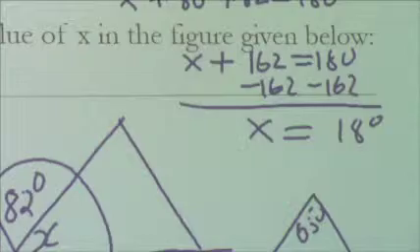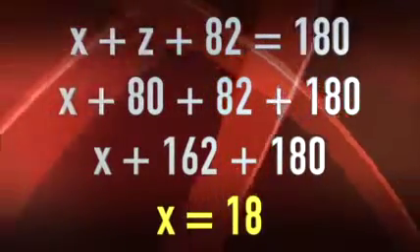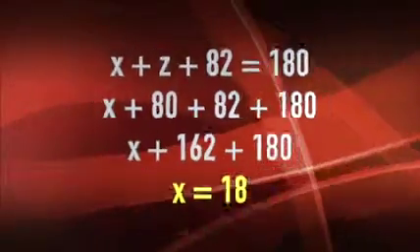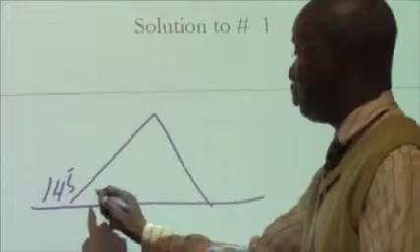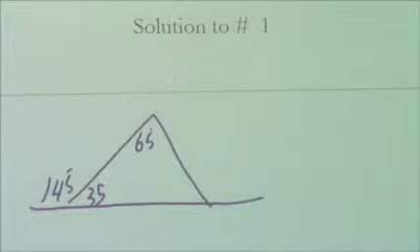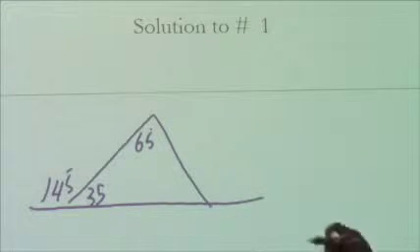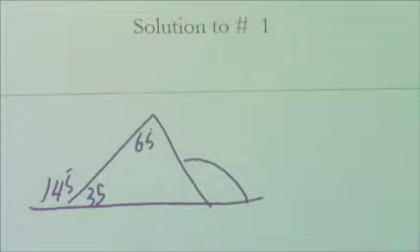I don't want to crowd this thing up, but let me move on to another slide. Let me find another space to show you another approach in finding this angle. Let's see here, for example. Once we found here that this was 145, and we found this to be 35, and this to be 65, I see that when I add these two angles, it must be equal to this angle over here.